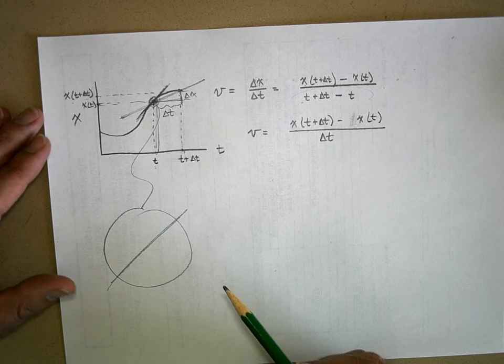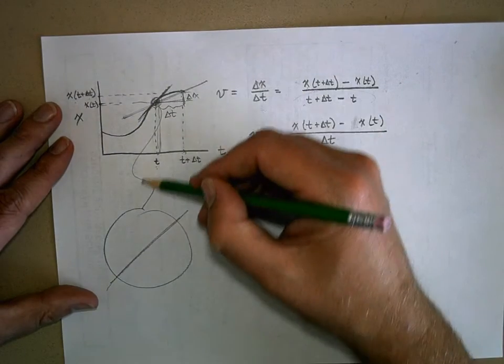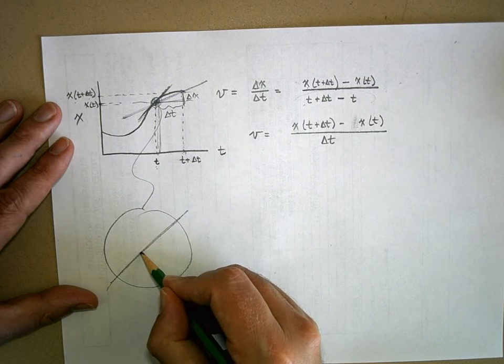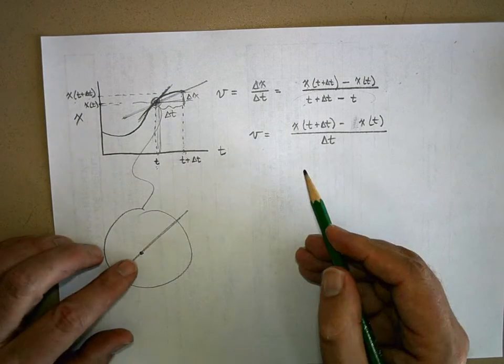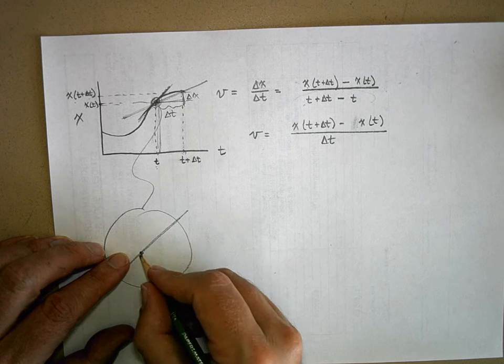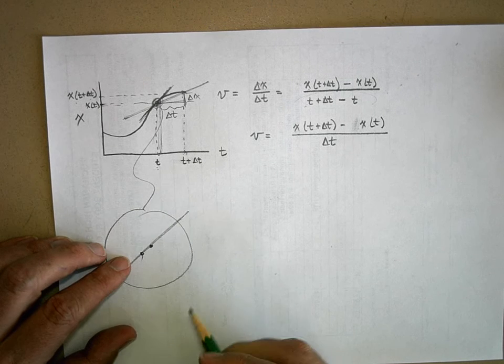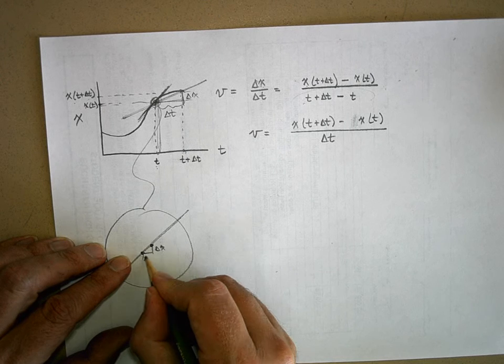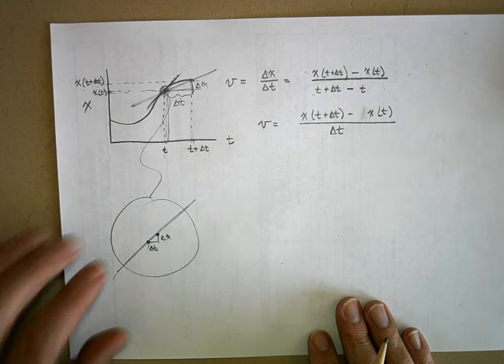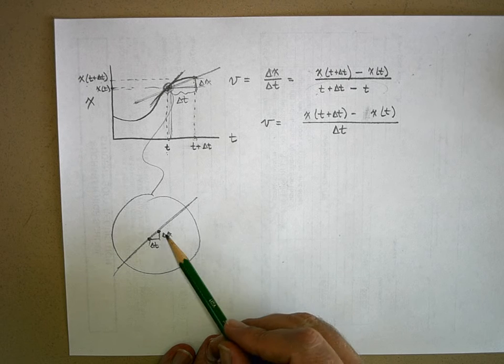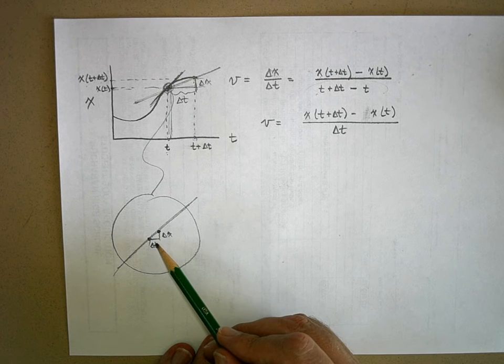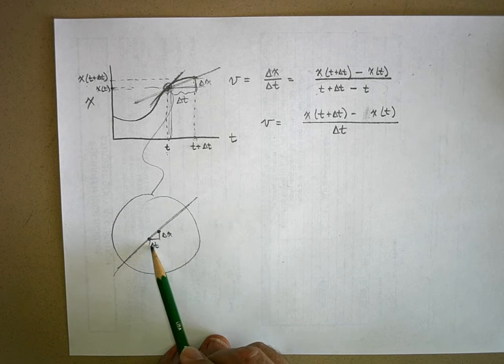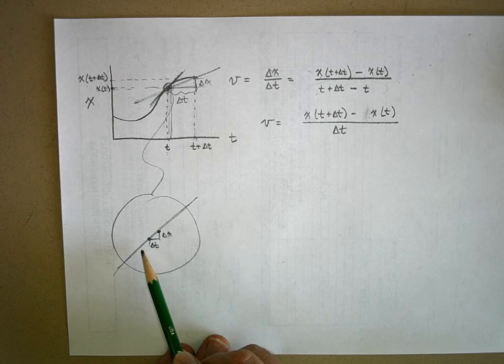So here are my two points, and here's my delta x and here's my delta t. They become extremely tiny as I let delta t shrink to 0. And I have a way of writing that down.